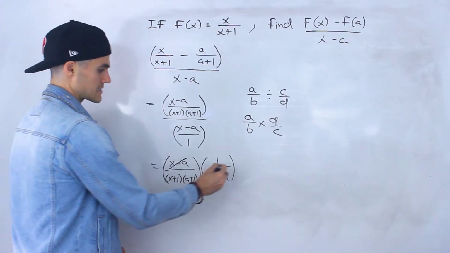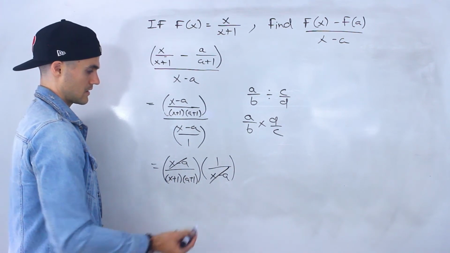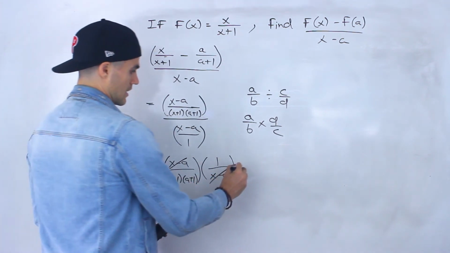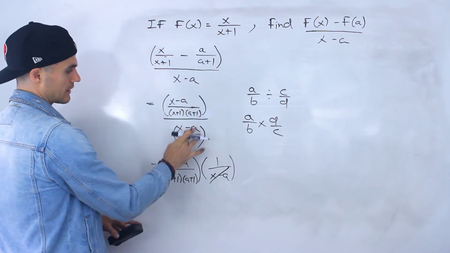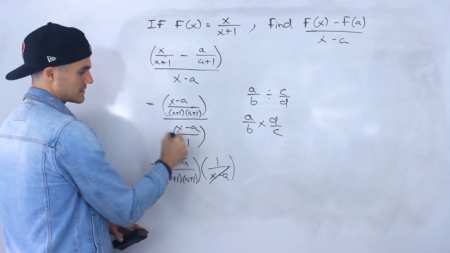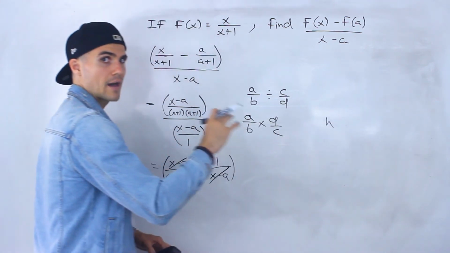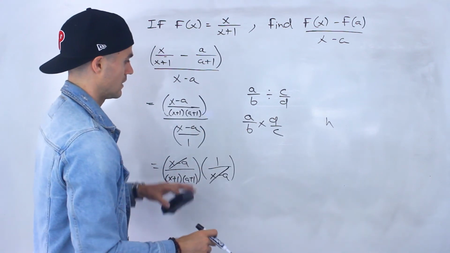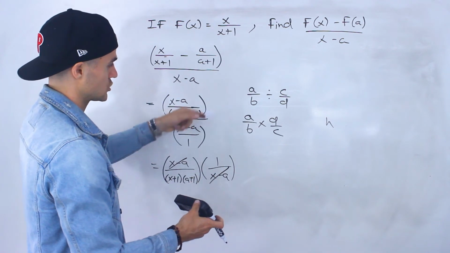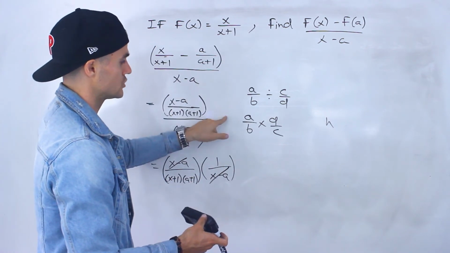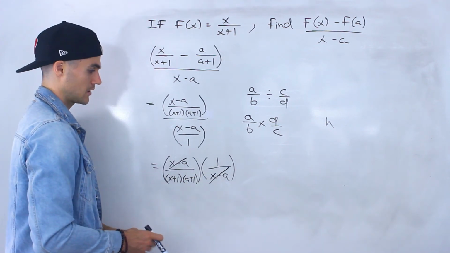And now notice the x minus a's cancel out, these two factors here. It's easier to see that they cancel out like this versus like this. That's why whenever I'm dividing by something, sometimes you'll be dividing by just an h in that primary definition of a derivative, a lot of times you'll see in future examples I switch it to multiplying by 1 over h, or 1 over whatever that expression is in the denominator.